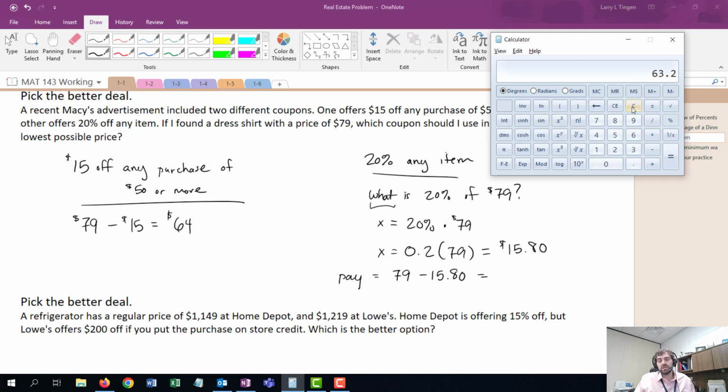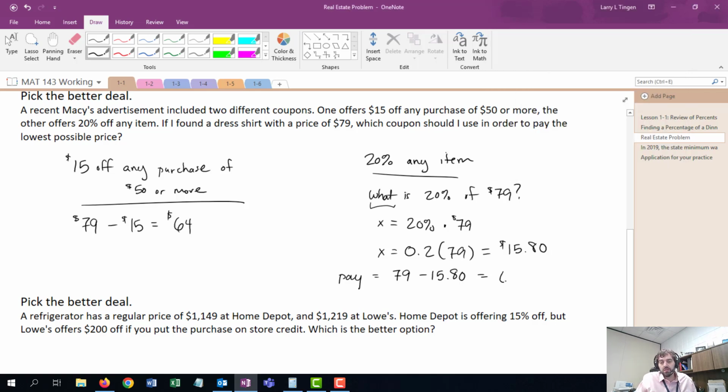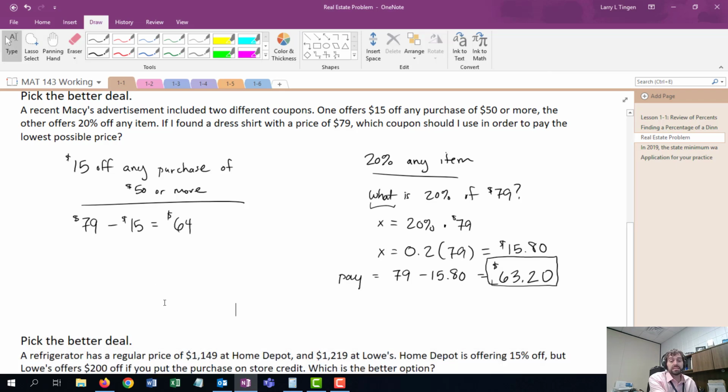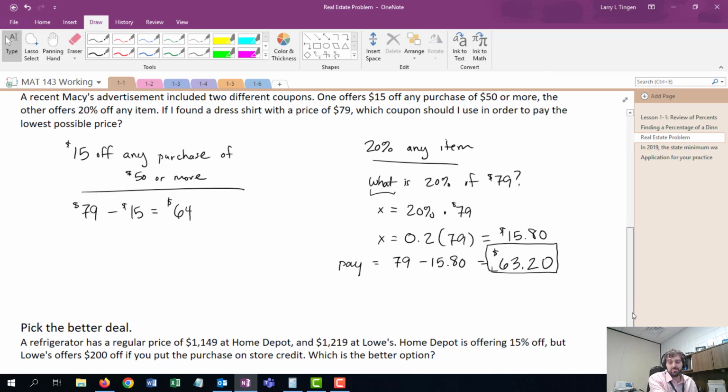$63.20. All right, now this is money, right? So we go to two places, we do add the dollar sign. That's the better deal, right? So since that's the better deal, we should use the 20% off any item. I need to say that in my answer, right?